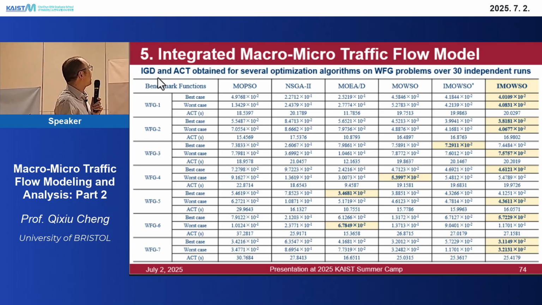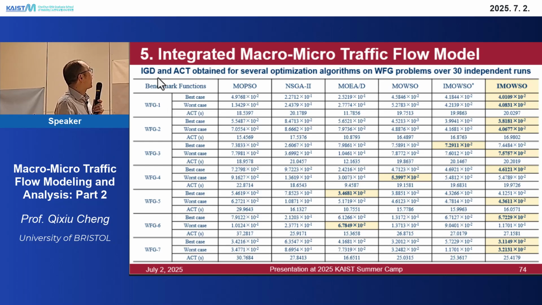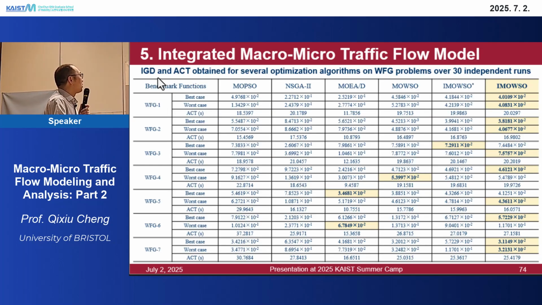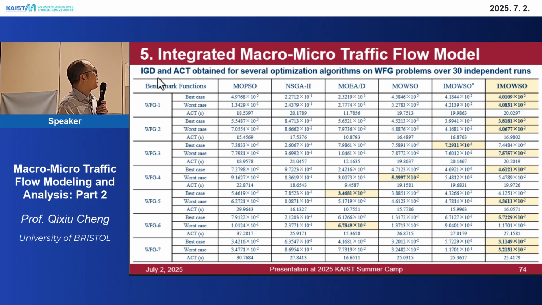Here I just show you the results. We compare the original one, the MOPSO particle swarm optimization, and NSGA2. These are the three baseline algorithms. We compare our results with these baseline algorithms.